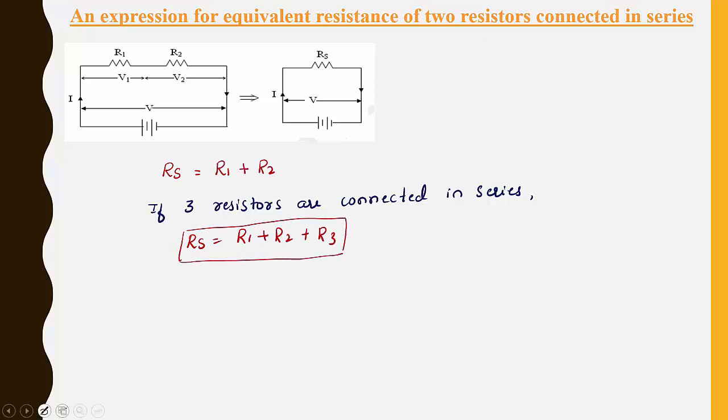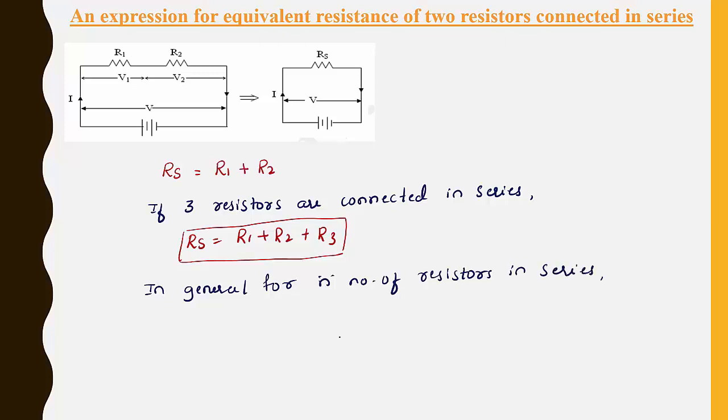So in general, now we can write for n number of resistors when they are connected in series. How to write the equation for n number of resistors?